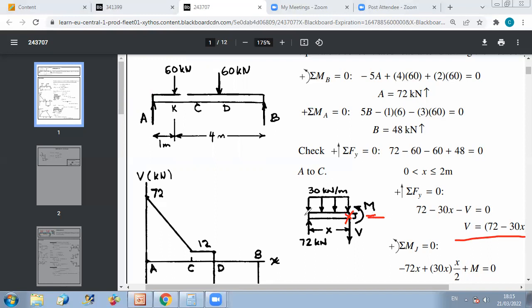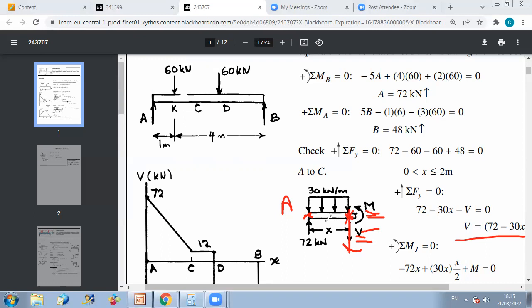However, if you decide to take sum of moments about A equals 0, then the shear force will have a moment about A. And if you did a calculation error in V, this will lead to a calculation error in M. This is why it's advised always to take sum of moments about the point of the section to reduce the possible error.